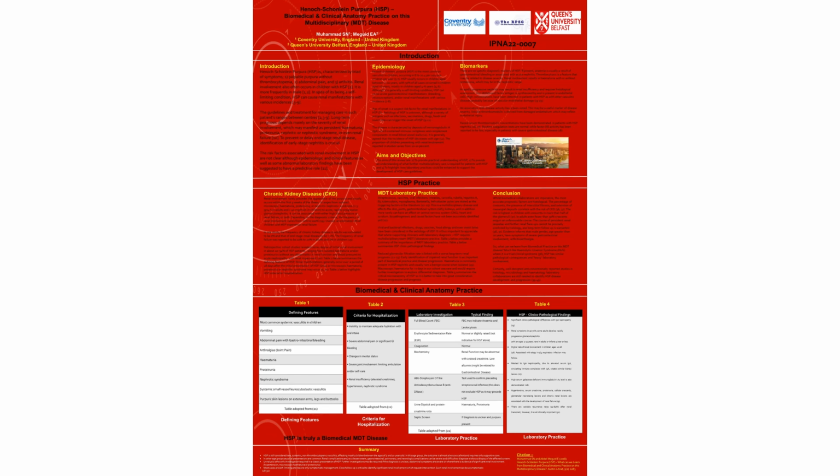The full paper is available through the Renal Patient Support Group, the RPSG, and it's titled Henoch-Schönlein Purpura, What Can We Learn from Biomedical and Clinical Anatomy Practice on this Multidisciplinary Disease. It was published in 2018 in the Austin Journal of Anatomy. This work was collaborative between the RPSG and two academic institutions as well.